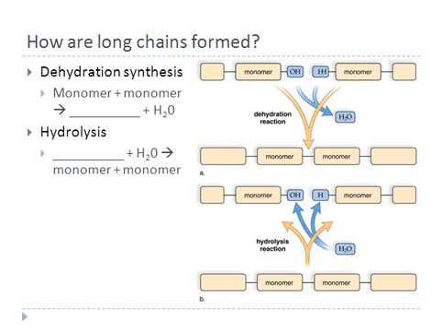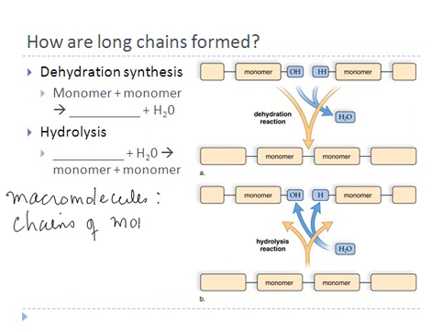Let me actually tell you something up here that I missed out. The macromolecules, what each one of them is composed of. Macro means large molecules, and these large molecules are formed by chains of smaller molecules, and these smaller molecules are called monomers.